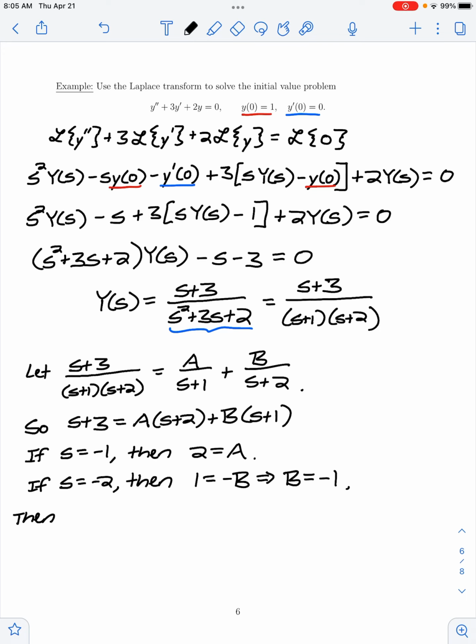So taking these expressions and substituting back into my partial fraction decomposition for capital Y, I have A, which is 2 over (s + 1), plus B, which is -1 over (s + 2).